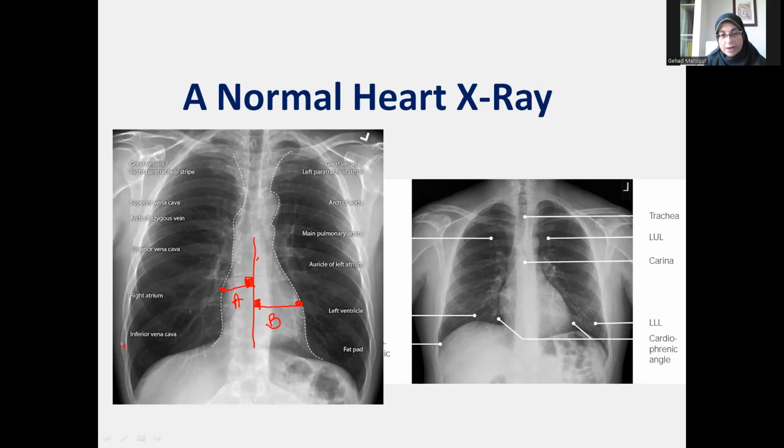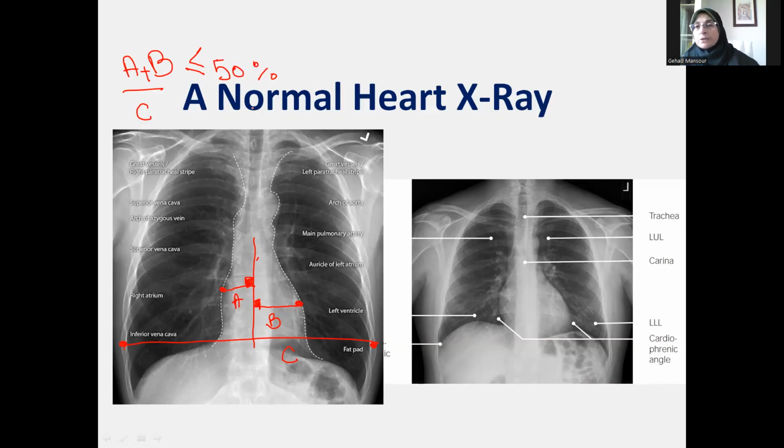And here we have the most prominent points of the chest cavity. Because the most prominent points are at the same level, we draw a transverse line and we call it C. Then you divide the sum, that is A plus B, divided by C. And this should be equal to or less than 50%.